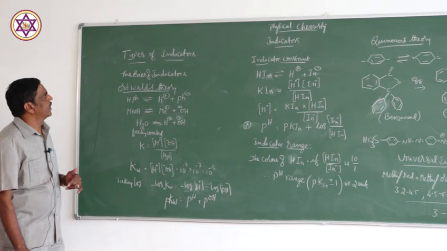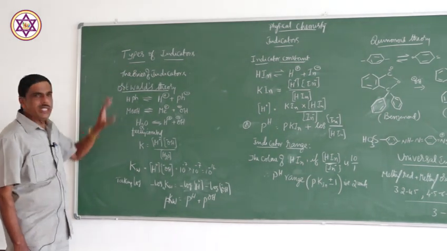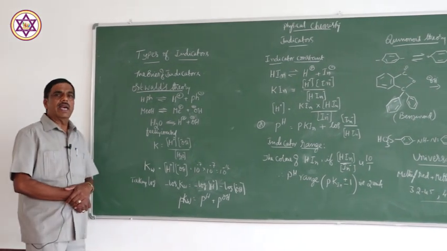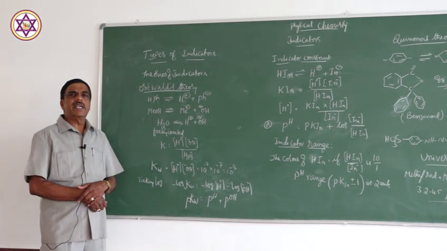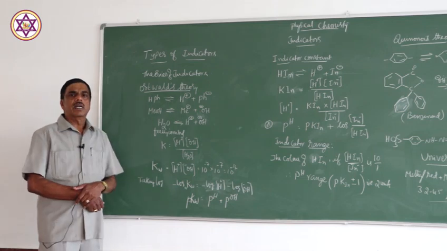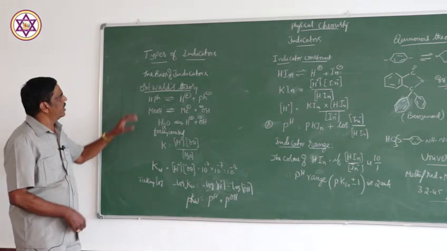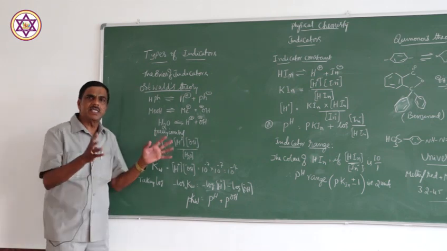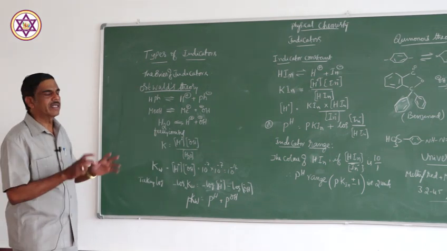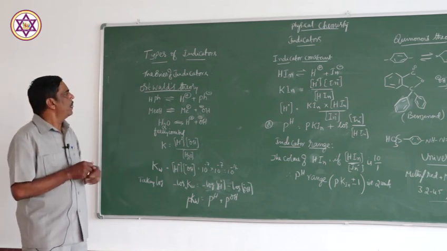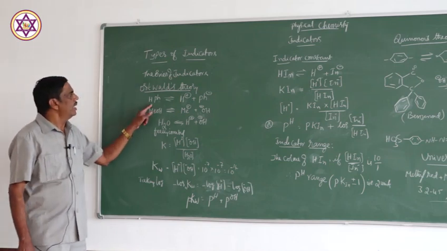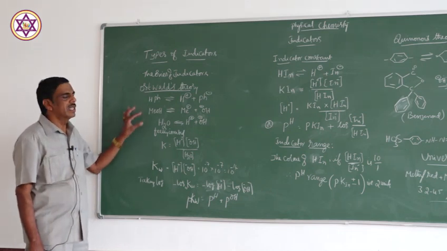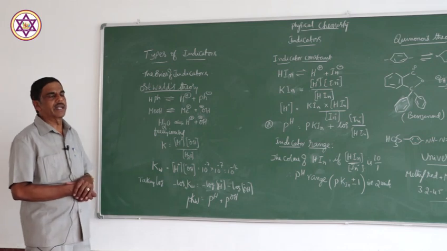are involved. Now, there are two theories which explain the indicator action, the reaction of indicators in different titrations. First theory is Ostwald's theory. Ostwald's theory explains how these acid-base indicators act in a titration. For example, phenolphthalein is slightly acidic, it is an acidic indicator, whereas methyl orange is a slightly basic indicator.